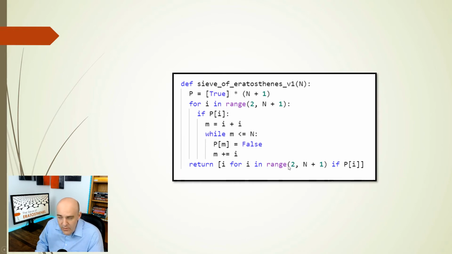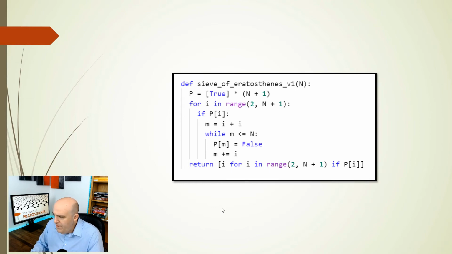Notice we ignore 0 and 1 here because we don't care about them. So this goes from 2 to n. And whenever P[i] is true, which means i is prime, we're going to throw that i into a list. And that's a nice way of returning the list of prime numbers from the list of Booleans. So this is the very first flowchart algorithm that I put up. This is exactly implemented in Python, okay?